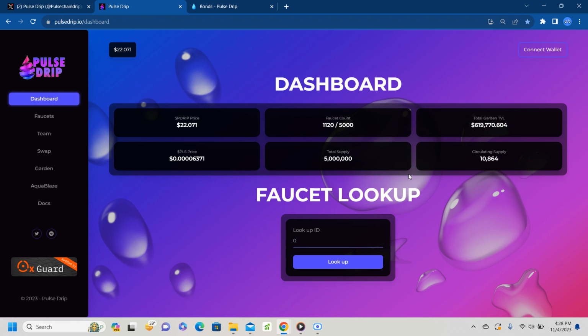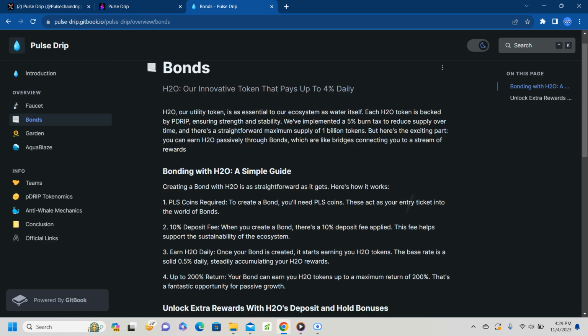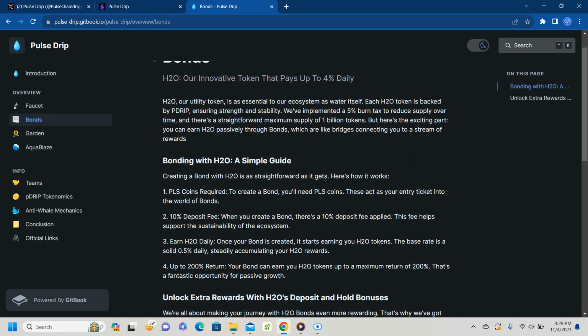So this is going to be a big deal because, again, all you'll see on the front end is that PLS going to make the bond to get your H2O, and you're just accumulating that H2O over time.